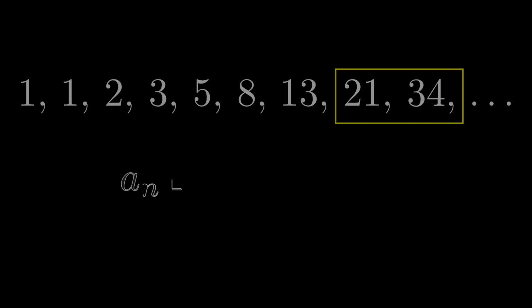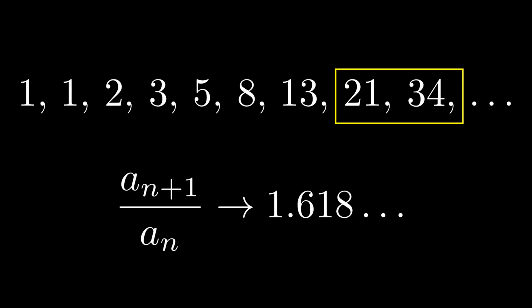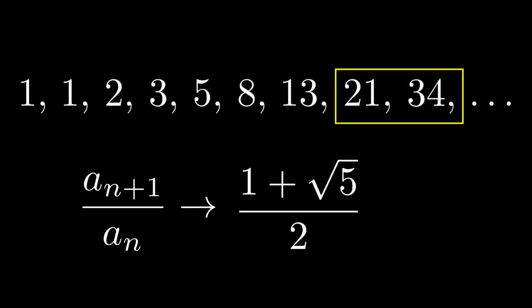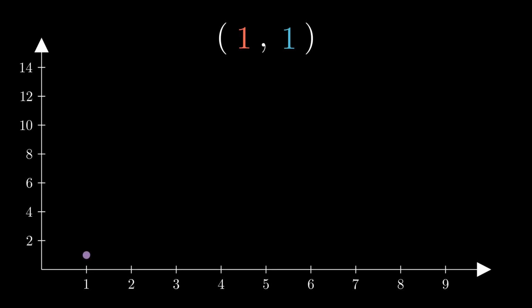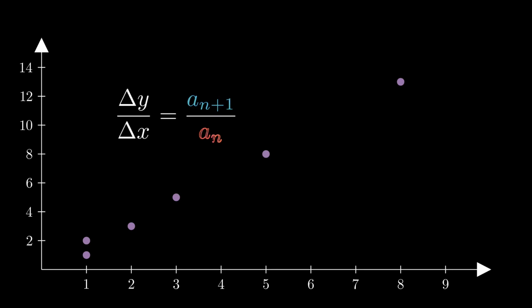Now, we can finally answer the original question we posed at the start of the video. Why does the ratio of terms in the Fibonacci sequence approach the golden ratio? We produce each new point in this graph by applying the matrix A to the previous one. And the slope from the origin to each of those points is nothing other than the ratio of two consecutive Fibonacci numbers.